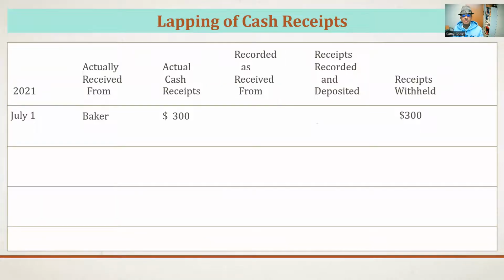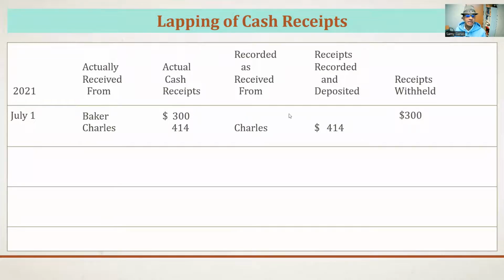So for example, on July 1st, the accountant collected $300 cash from a client called Baker, and he kept the $300 in his pocket. Fine. Then he collected another amount from Charles, $414. He recorded the amount from Charles normally.